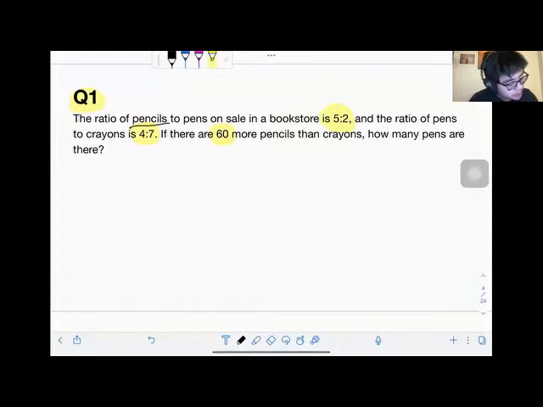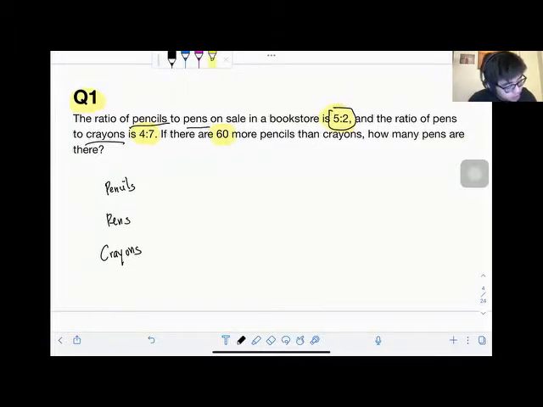So first, ano po yung i-drawing natin ng mga boxes? Meron po tayong pencils, pens, at saka crayons. So let's draw that. Pencils, pens, crayons. Okay. Yung unang ratio natin ay 5:2. So ano bang ibig sabihin ng the ratio of pencils to pens is 5:2?